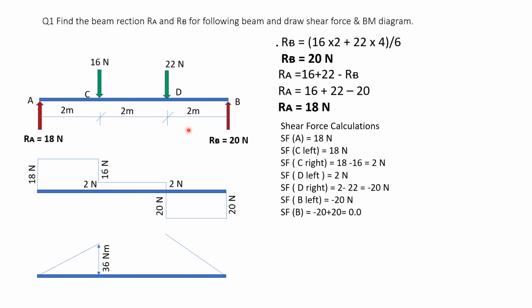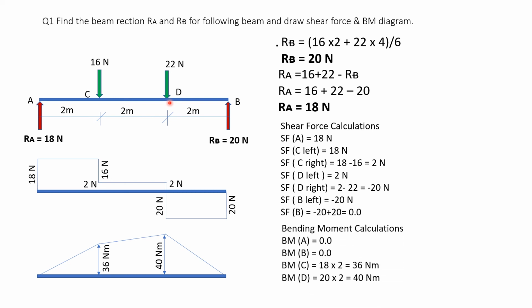And at B bending moment is 0. So at B bending moment is 0, at D it is 40. In between D and B, inclined straight line. So this is the 40 Newton meter. And between C and D, again it is an inclined straight line. So just join an inclined straight line.